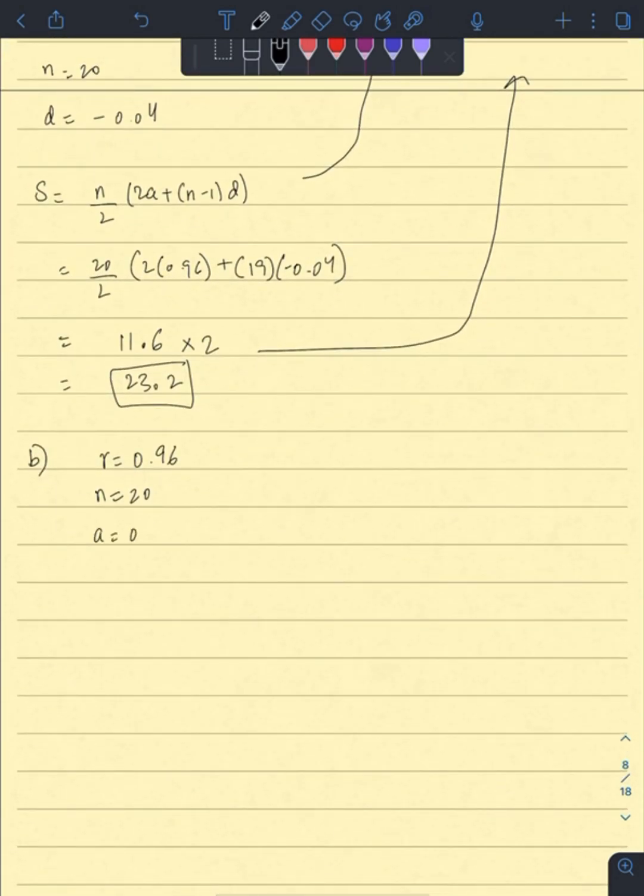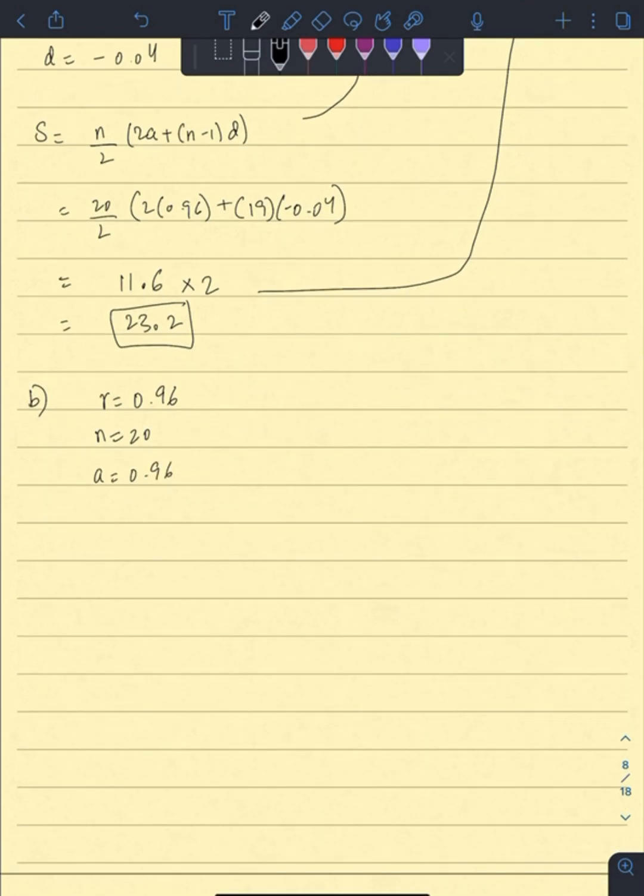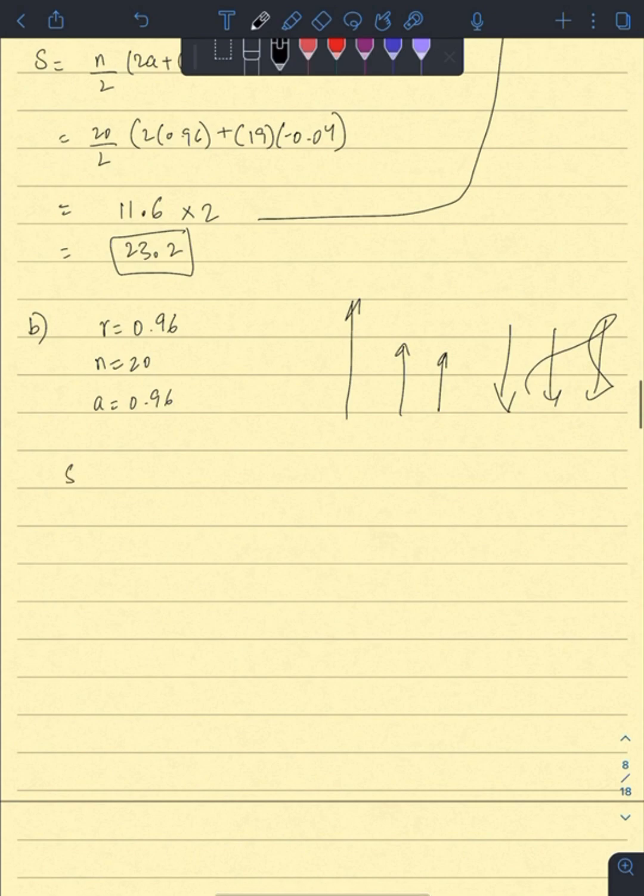So the first term will be 0.96. We'll use the same concept of up first and then down. So the sum formula is a(1 minus r^n) over (1 minus r). Let's plug in the values.